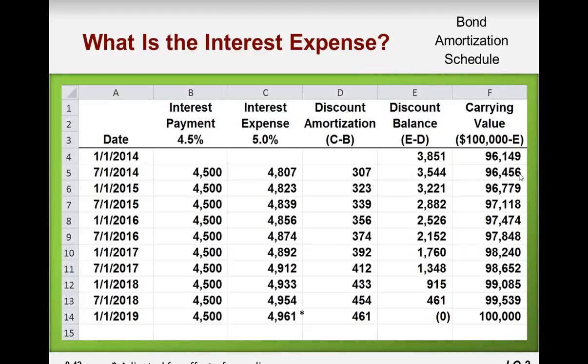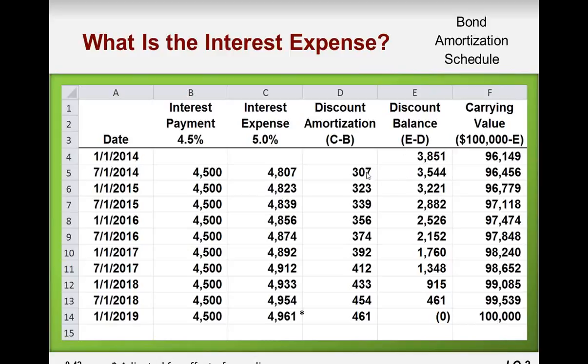To do the next period, we still have the $4,500 because the cash interest is the same, but in the interest expense column, it's the new carrying value of $96,456 times the market interest rate of 5%, and you follow that process down.